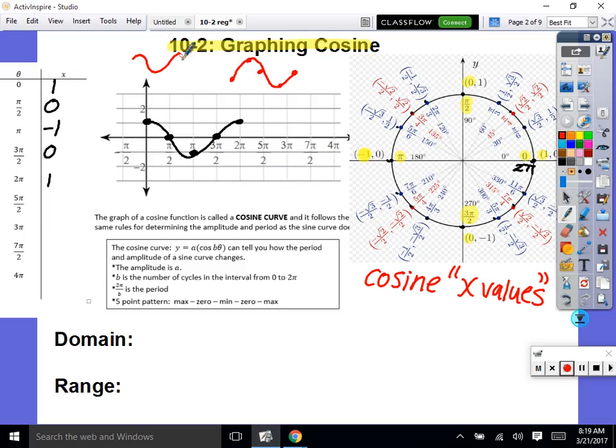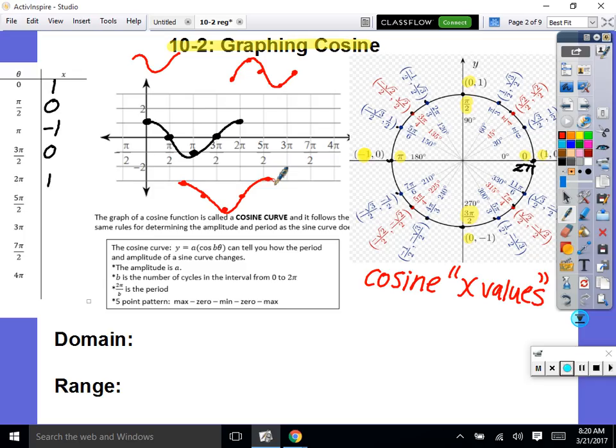So that's when I always say to myself, okay, cosine, I go max, 0, min, 0, max. So cosine starts at max, 0, min, 0, max, making our sideways C. That makes kind of sense, everybody? Okay, so our 5 points are going to follow that pattern for cosine. We start at the top, 0, min, 0, max.